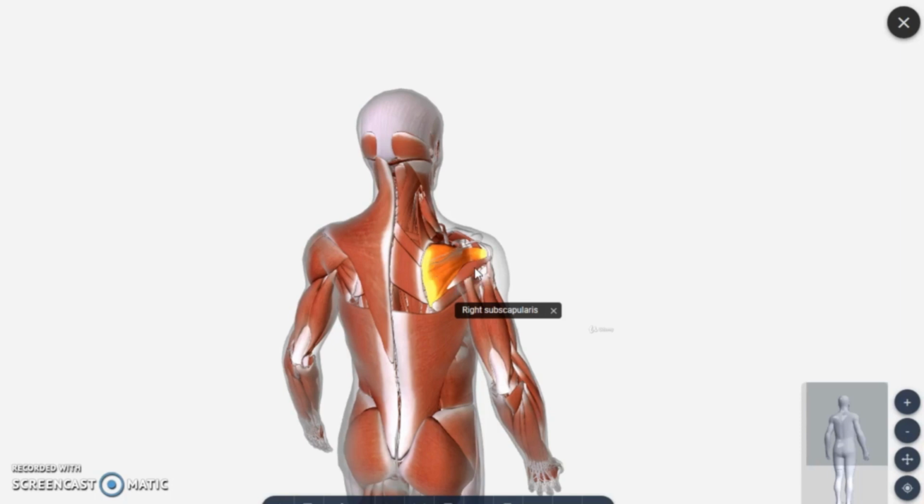Rhomboideus minor and major are also seen at the medial border. So this is all about the details of the scapular muscles seen in the body. Now we will go on to the detailed description of these muscles, how each takes origin and how it is getting inserted, about its nerve supply and action also.